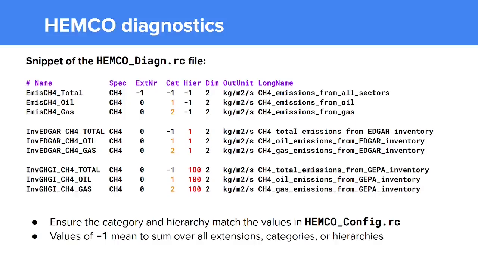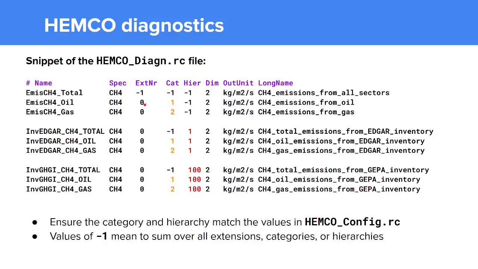So here's a snippet of the HEMCO_Diagn.rc file, which is the HEMCO Diagnostics configuration file. So for each diagnostic, you'll list its name at the left and the long name at the right. This will be the description that goes into the netCDF long name attribute. The species that you want to archive, the extension, category, and hierarchy.